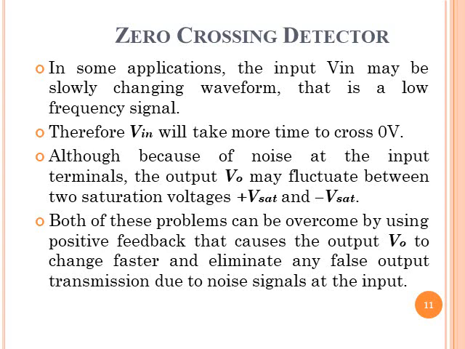If there is some noise, the output will also fluctuate between the two saturation levels, plus V sat and minus V sat. This problem is overcome by using positive feedback, and that circuit is known as the Schmitt trigger.